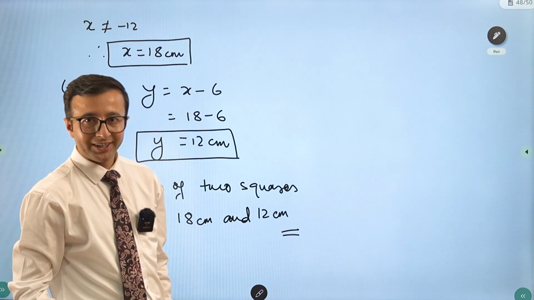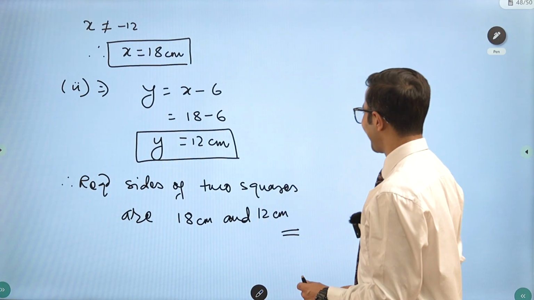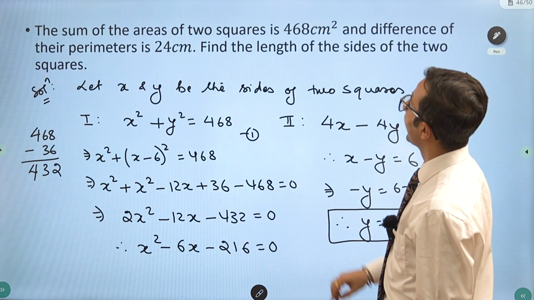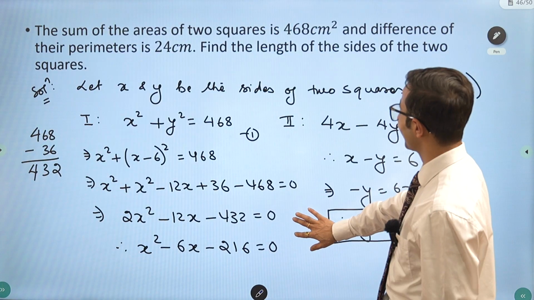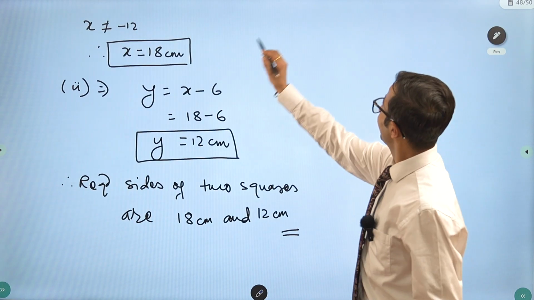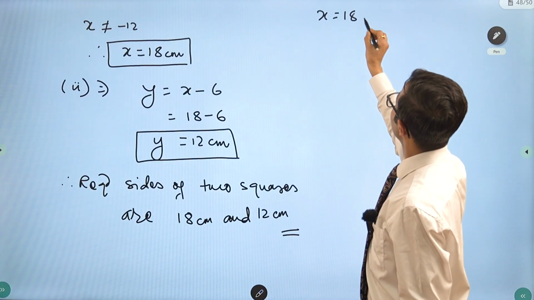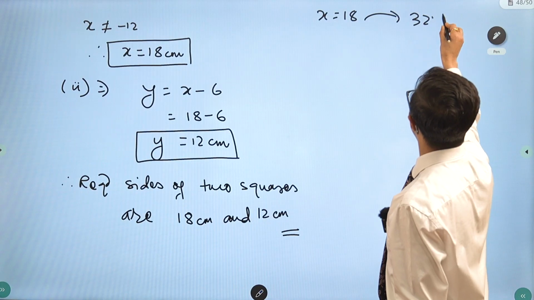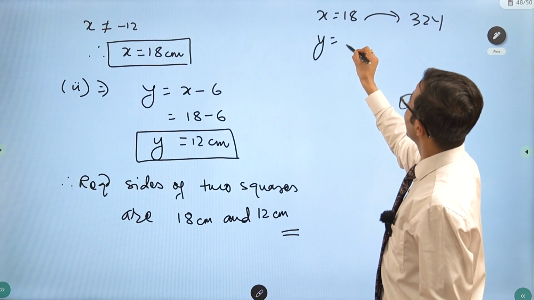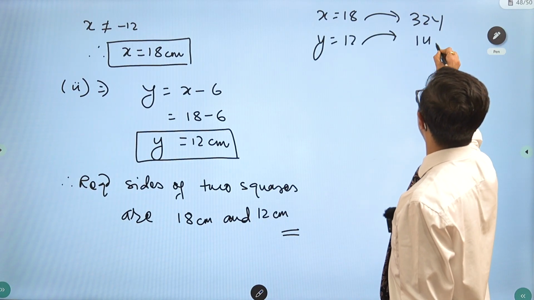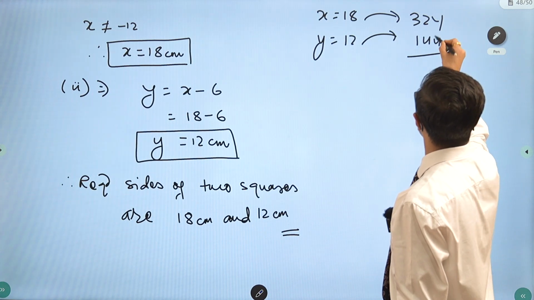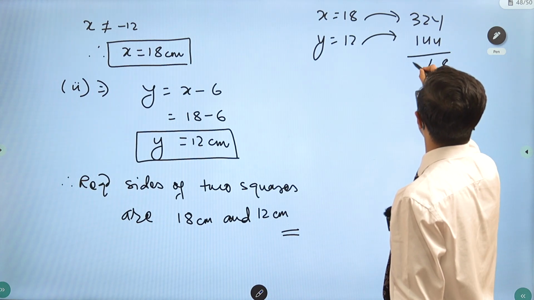If you want to verify, let's verify it. First thing is that the sum of their areas is 468. So if the side is 18, the square of 18 is 324. Another side is 12, the square of 12 is 144. 4 plus 4, 8; 3, 2 plus 4, 6; 4, 468.